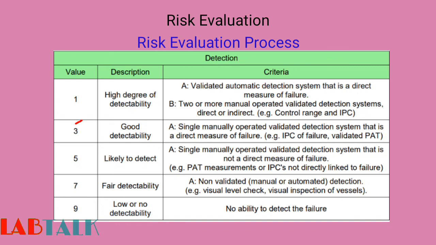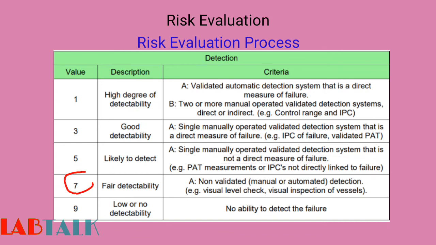The score of 3 implies good detectability and a single manually operated validated detection system, that is a direct measure of failure. A score of 5 implies likely to detect, meaning there is a chance the risk can be detected. It is a single manually operated validated detection system that is not a direct measure of failure.